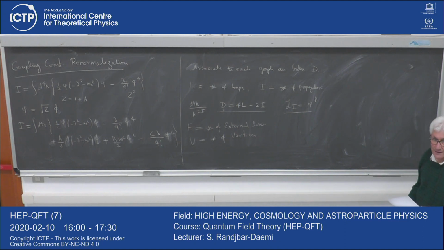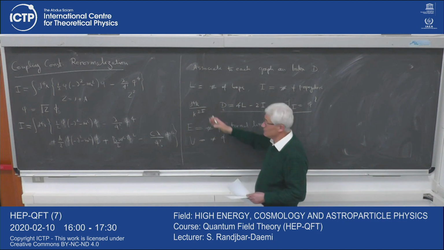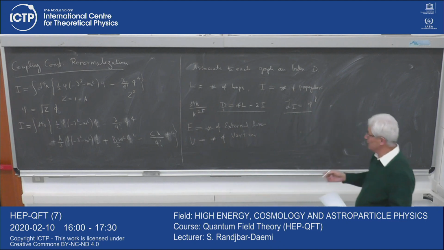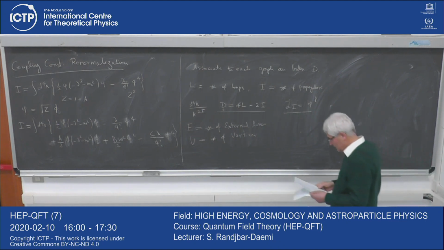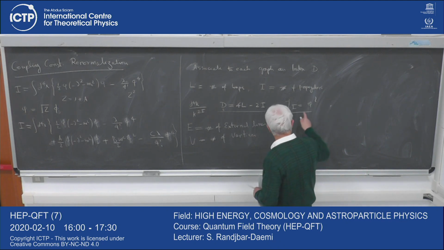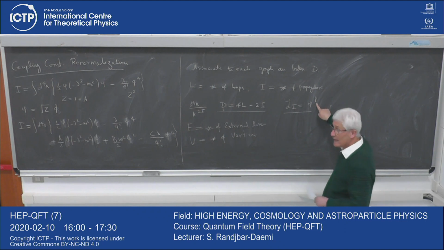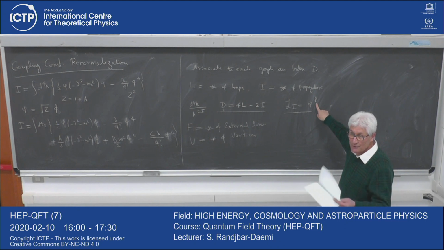The definitions are clear? Now, of course, these numbers are not all independent from each other, because they pertain to the same graph, and you see that, for example, since the power of phi is L, from each vertex, how many lines go out? From each vertex, there are L lines which go out.